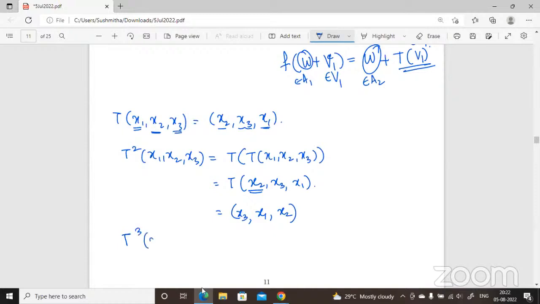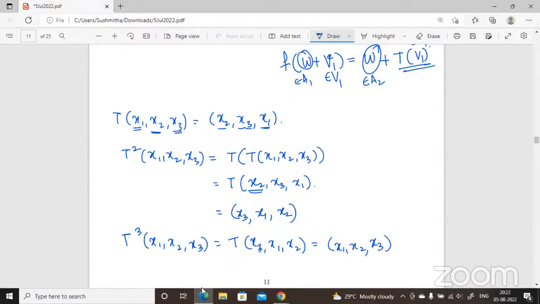What is T cube now? T of x3, x1, x2. So what will that be? x3 will go to last, so x1, x2, x3, right?